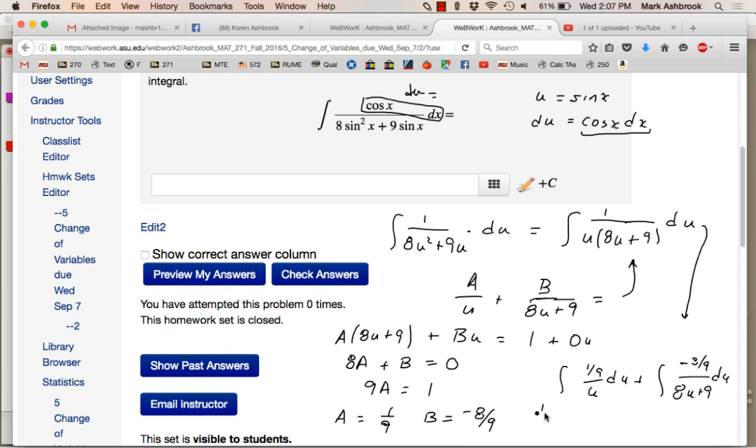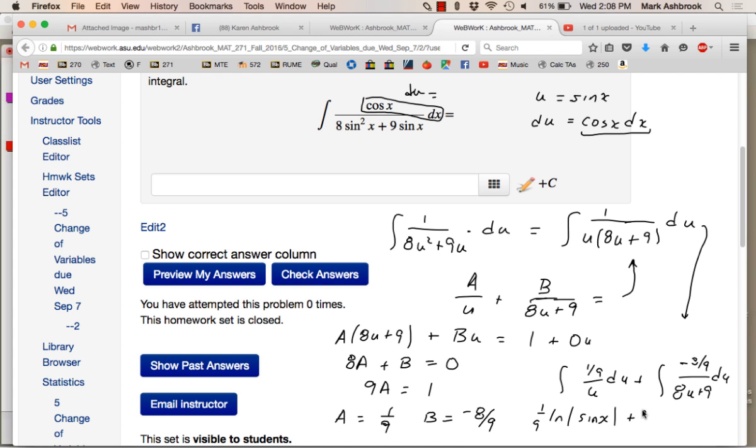So 1/9 natural log of u, which is, can I do the antiderivative and substitute back in one step? Because I'm running out of room. Is that right? Because it would be 1/9 ln of u, and u equals sine x. And then we're going to need another 1/8.